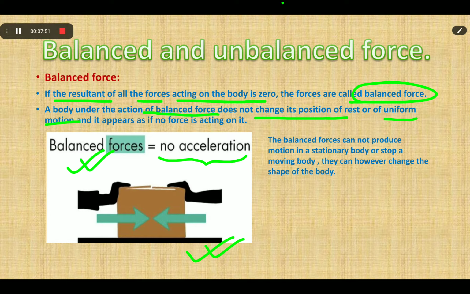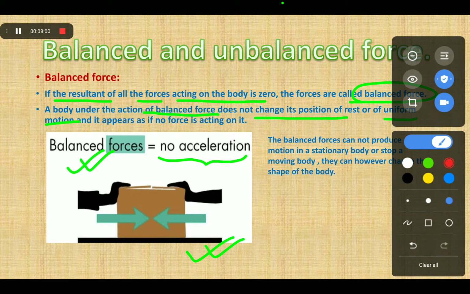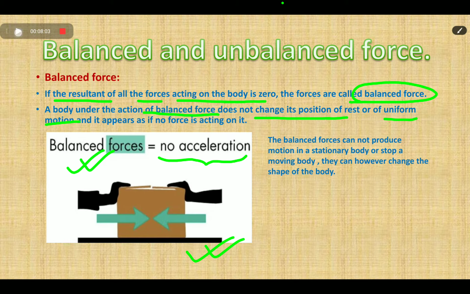Now, here we will understand it more clearly. Suppose that a box is placed on the table like this, and there are 4 forces acting on the box.